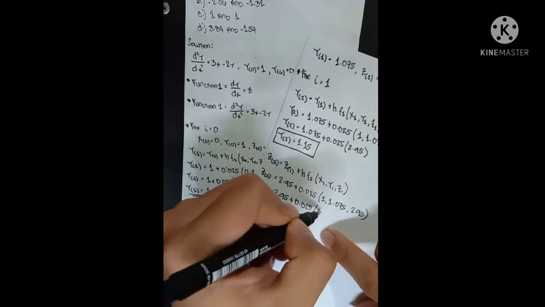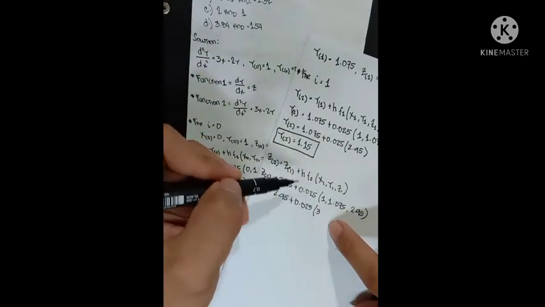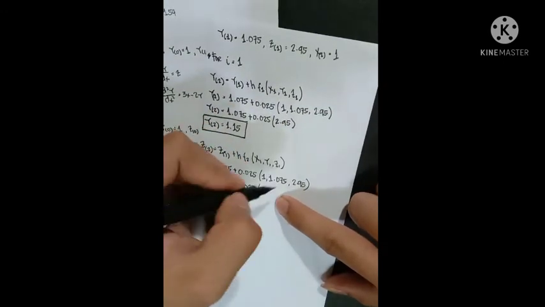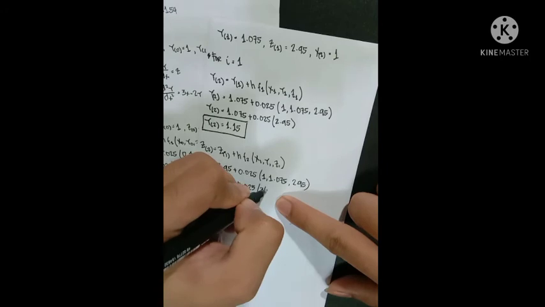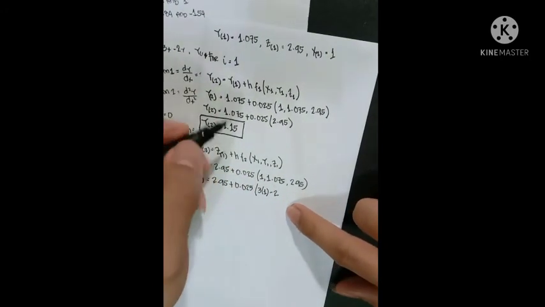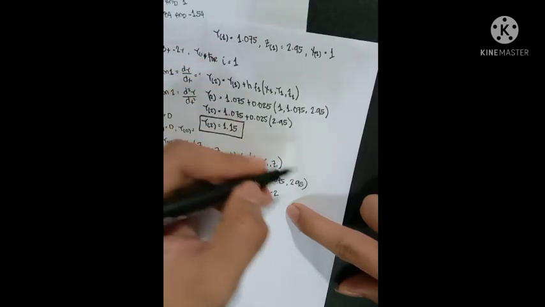So 3x, where x is 1, 3 times 1, minus 2y, where y is 1.075.